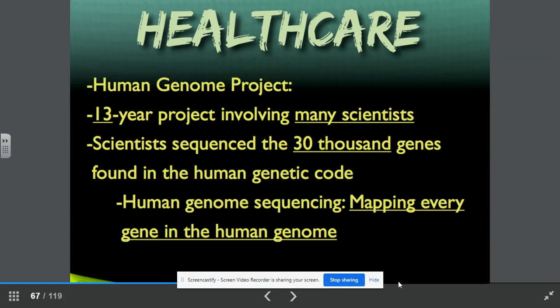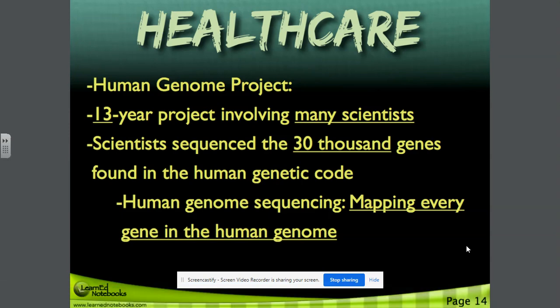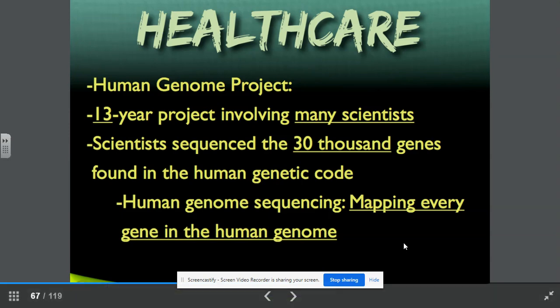The Human Genome Project, which we mentioned very briefly during our previous unit. This is a 13-year-long project involving many scientists. Scientists were able to sequence the 30,000 genes found in the human genetic code. The human genome sequencing means mapping every single gene in the human genome.